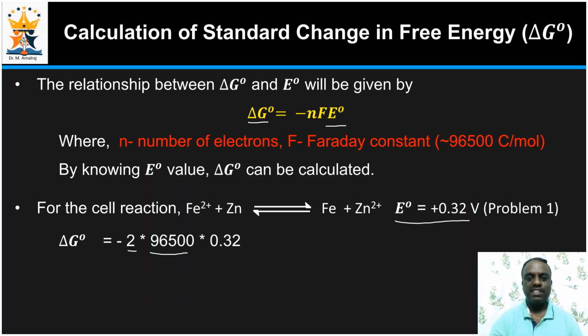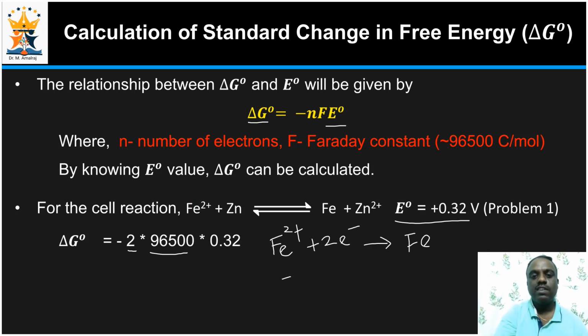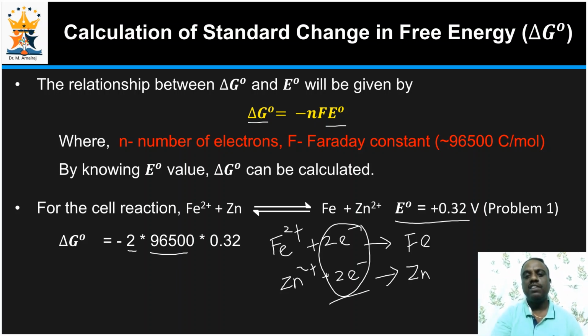Often students make mistakes here. While solving this problem, they will think it is 4. See, in Fe2 plus to Fe, 2 electrons are involved, and zinc 2 plus to zinc also 2. They will just add these two and make it 4 electrons. Absolutely not.